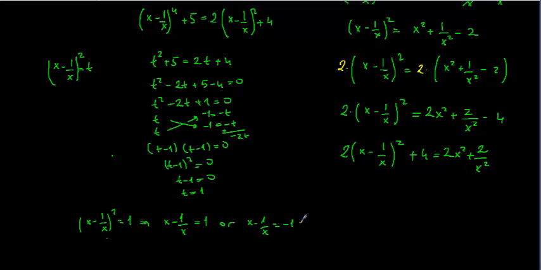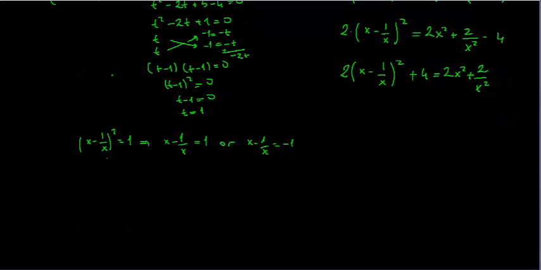Then if I continue down here, this is going to be x times x, which is equal to x squared, then minus 1 all over x is equal to 1, and when you cross multiply this one, you can send to the other side: x squared minus 1 is equal to x.